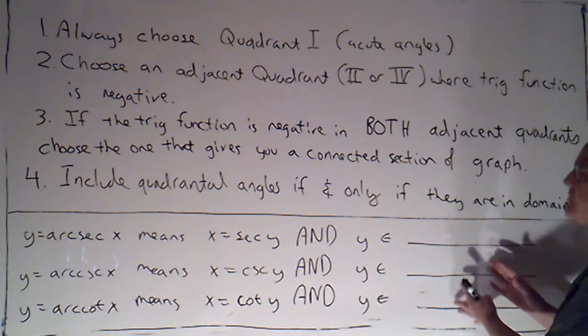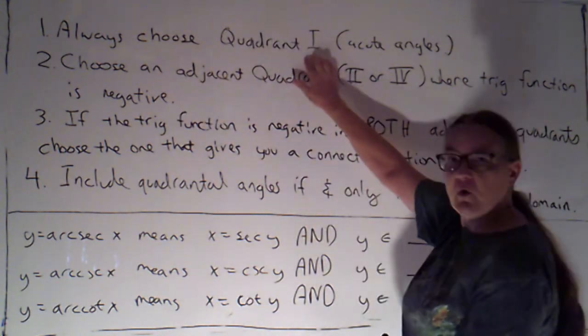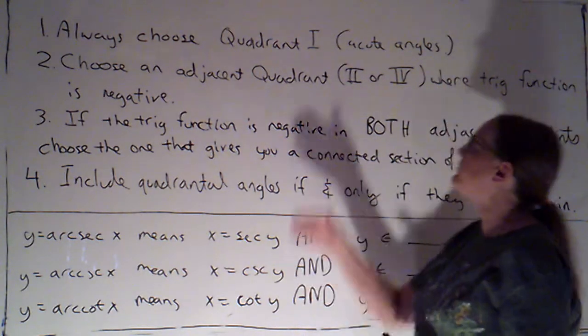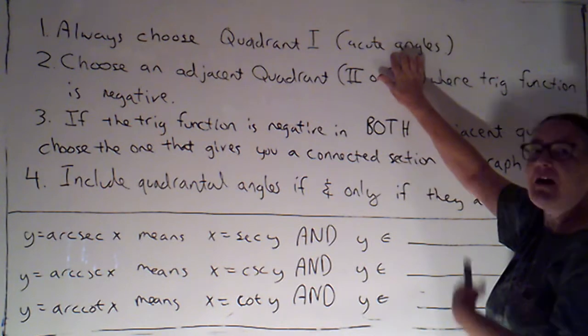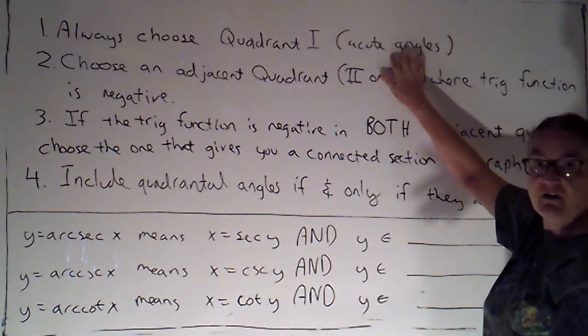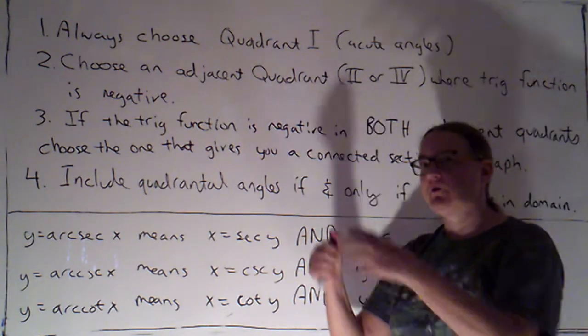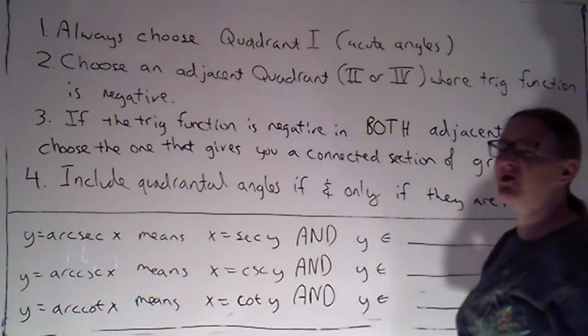Now we're choosing intervals. As I phrase the rules, rule 1 is to always choose quadrant 1. Of course, what I mean by that is the interval that corresponds to quadrant 1, in particular the version that corresponds to acute angles. So that would be the interval between 0 and pi over 2. I didn't have enough room to write out choose the interval that corresponds to a quadrant, so I just said choose a quadrant, figuring you'd understand what I meant.